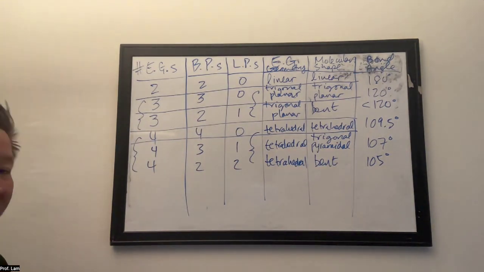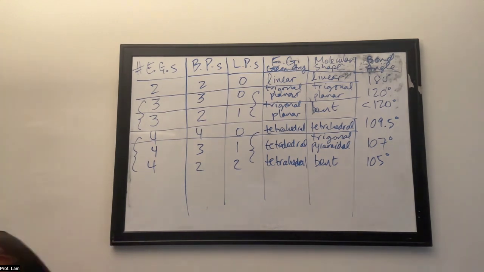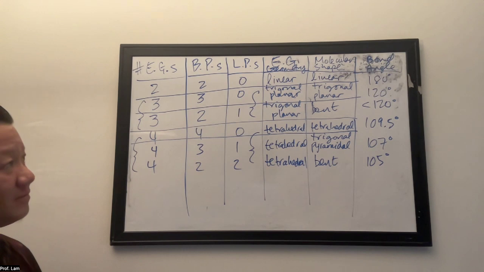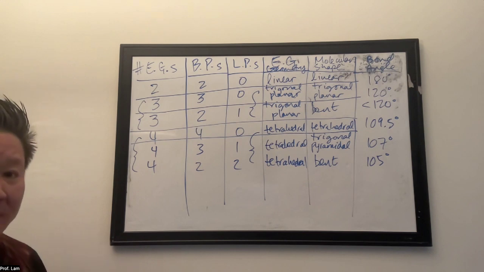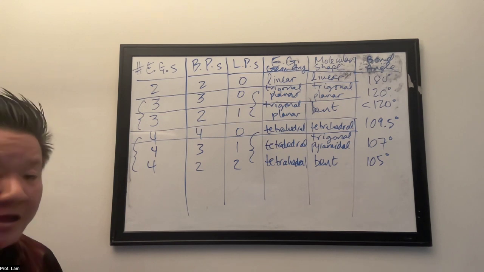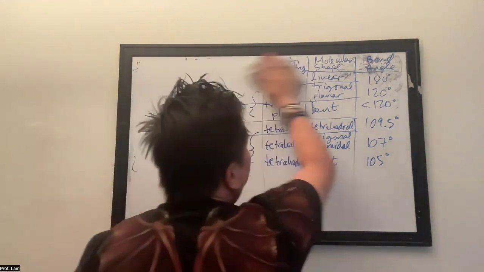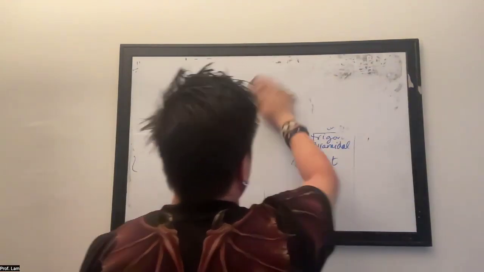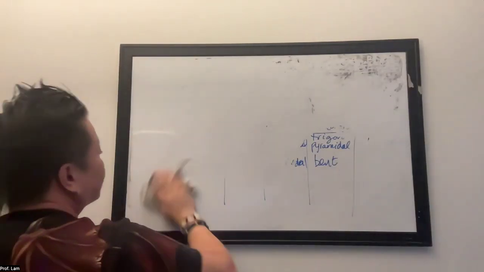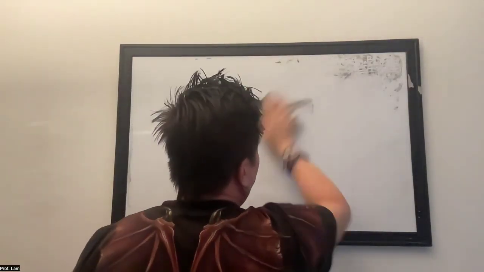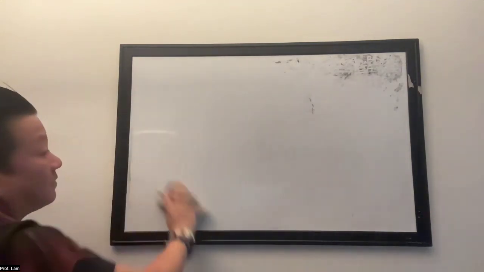Okay. All right, yeah. So best way to learn this, of course, you want to practice, right? And a lot of these problems are going to ask you to go from the beginning, from a chemical formula, and they'll ask you, okay, what is the electron group geometry and molecular shape? Okay, so let's practice that.